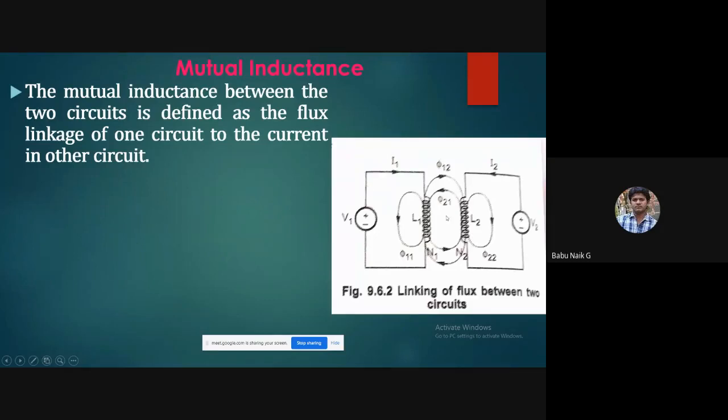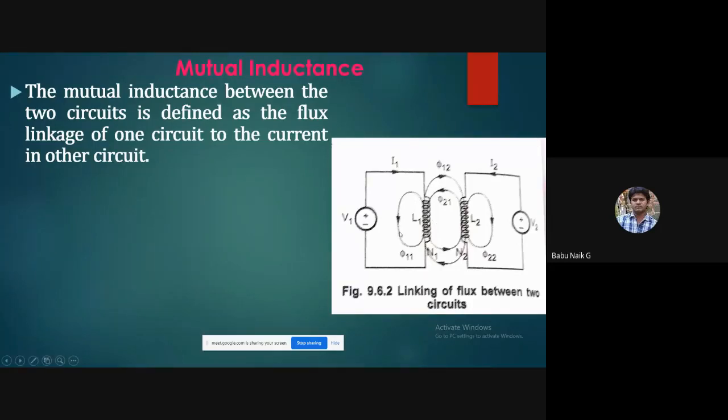The flux produced by circuit 1, after the current is flowing through the circuit, we are going to denote as phi 11. In a similar way, for the second circuit, the current flowing through L2 produces flux, which we denote as phi 22.